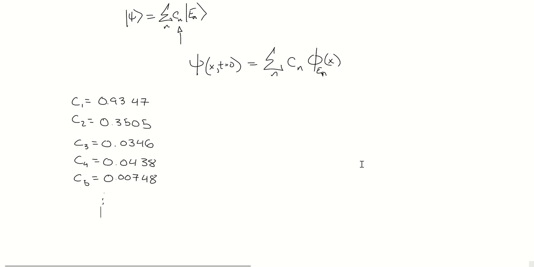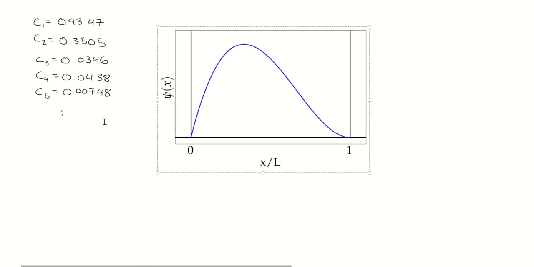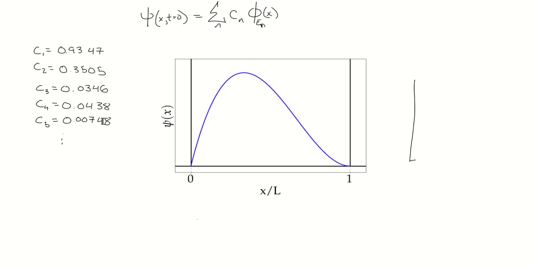These actually make sense, though, if you think about it. If I plot these values, if I plot that initial wave function in my well, it looks like this. And you'll notice, if you recall our energy eigenfunctions, the first one looked like this, the second one was that sine, the third one was like this. That initial wave function of ours looks a lot like the first energy eigenfunction.